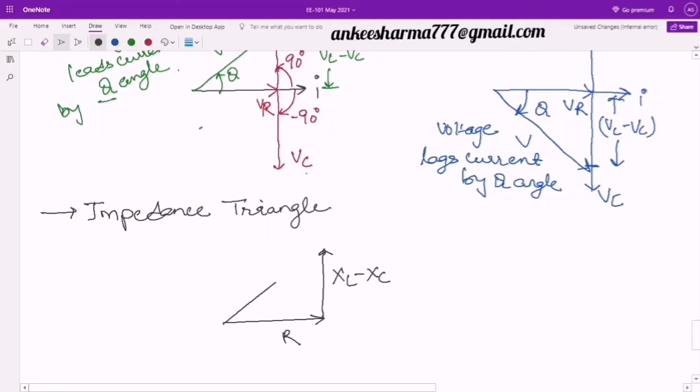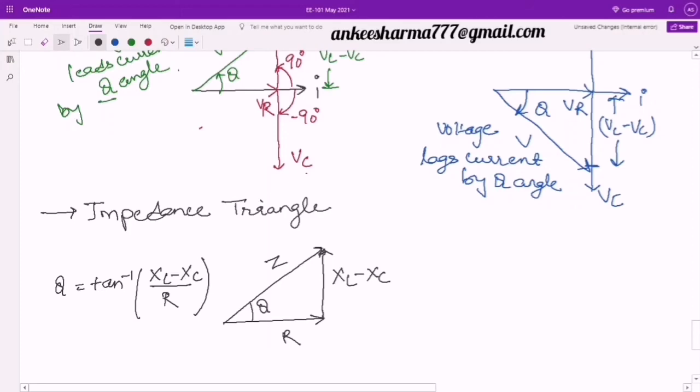And the resultant of this will be the Z, and we will have this angle theta, and this theta will be equal to tangent inverse of, you all know this formula, perpendicular upon base. So perpendicular is XL minus XC divided by base R, right?